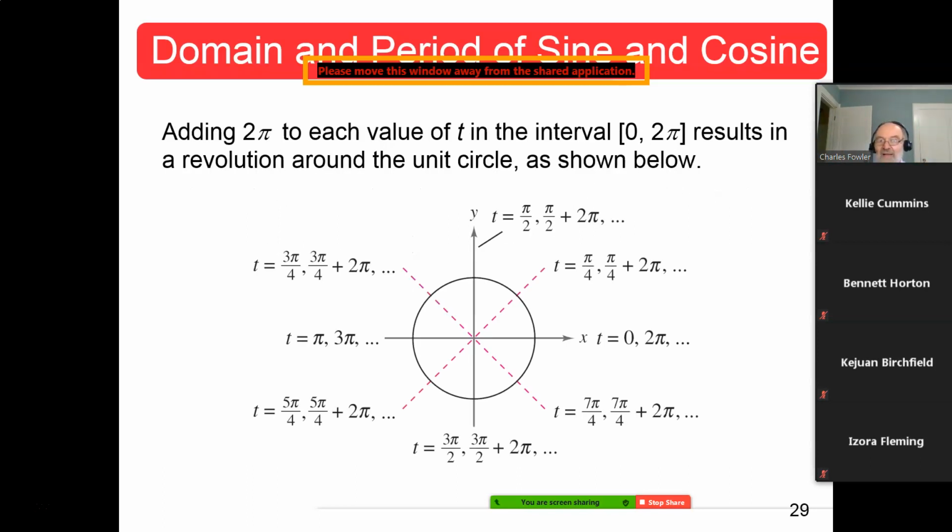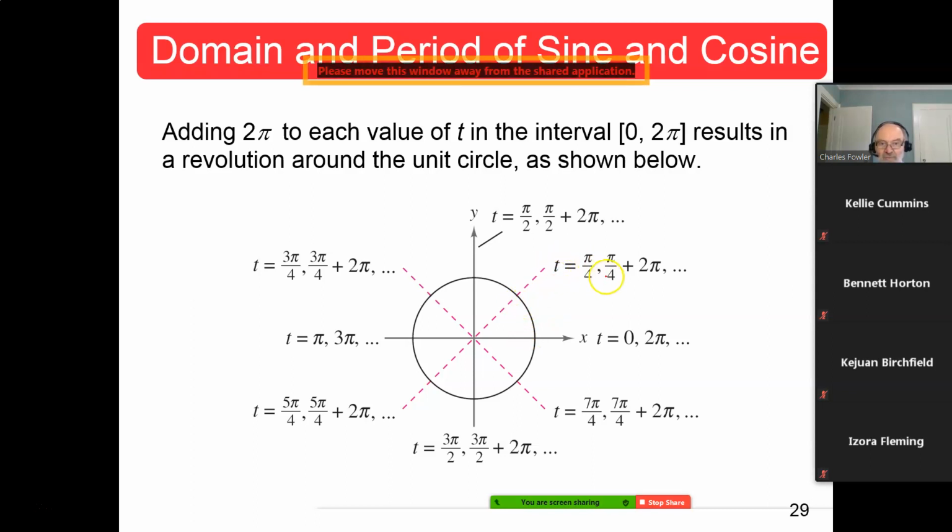Always. Now, again, because adding 2 pi to any value t on that first circle, 0 to 2 pi, results in one revolution around the unit circle, you wind up right where you were before. They just show up for any point.